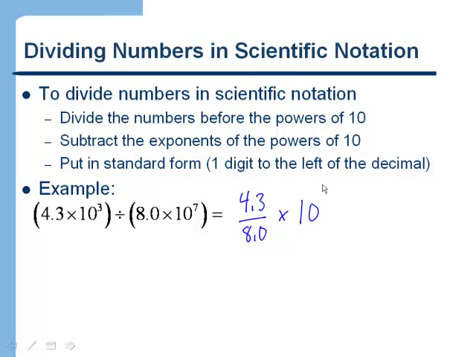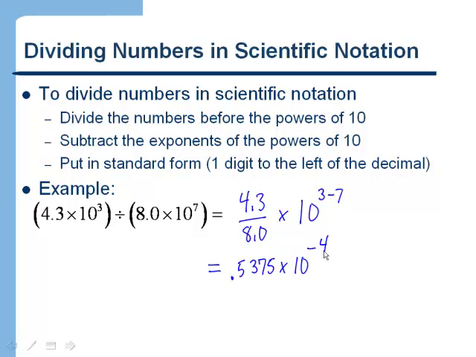So I have 10 to the 3rd, and I'm dividing by 10 to the 7th, so that would be 3 minus 7. I would now take my calculator and do 4.3 divided by 8, and I would get 0.5375, and the power of 10 would be to the minus 4.